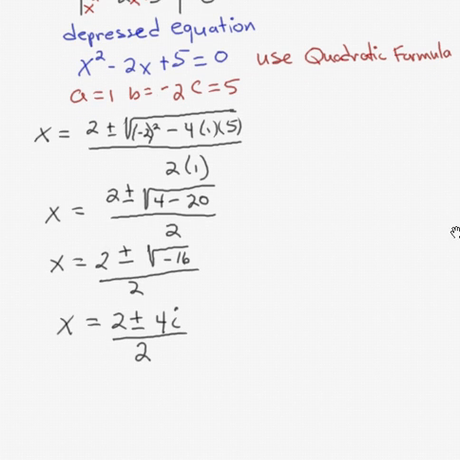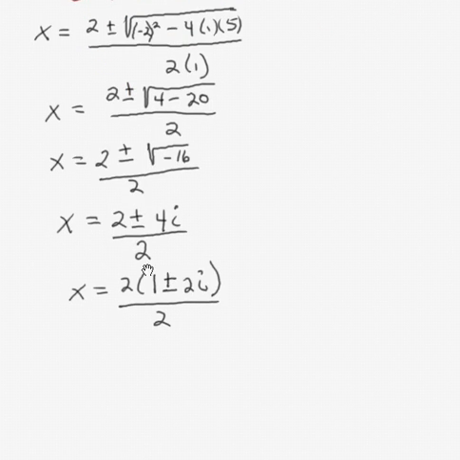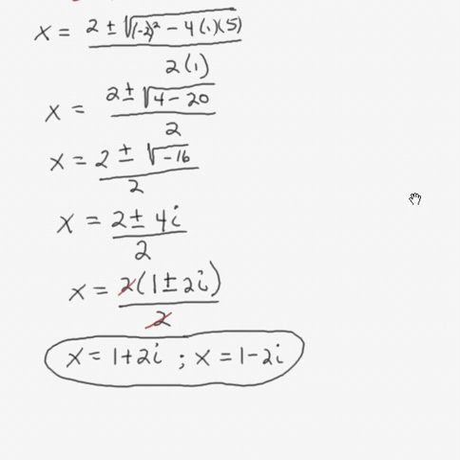Now I've got a greatest common factor in the numerator of 2. So when I factor that out, 2 divided by 2 is 1. 4i divided by 2 is 2i. And the 2 in the numerator, that's a factor, with the 2 in the denominator, that's a factor, divides out. And that leaves me the other 2 answers, 1 plus 2i and 1 minus 2i.